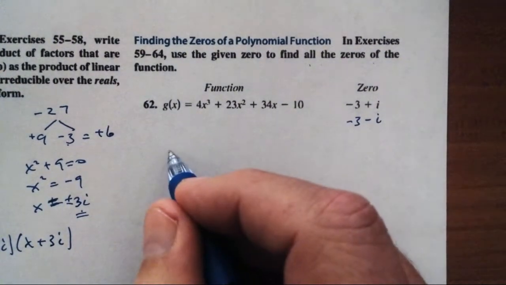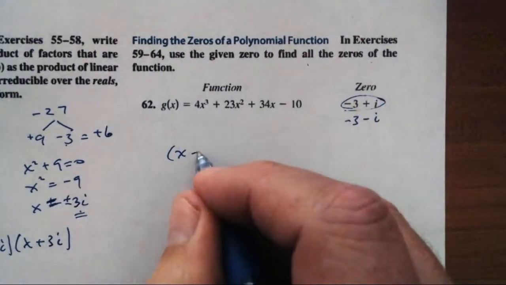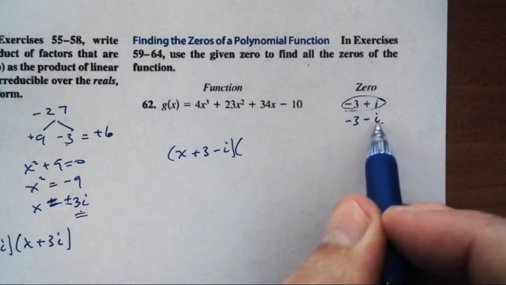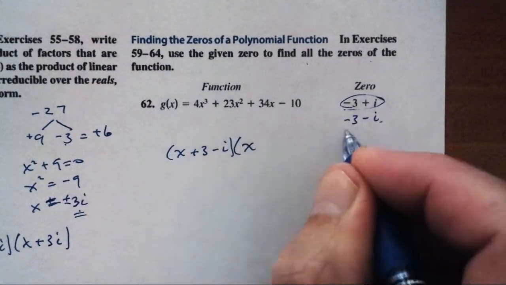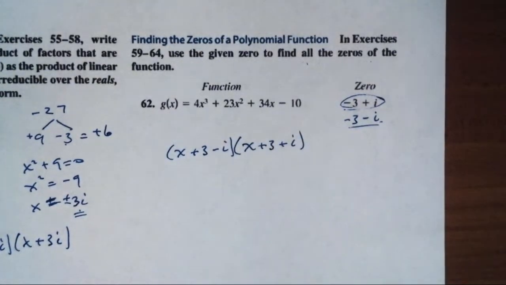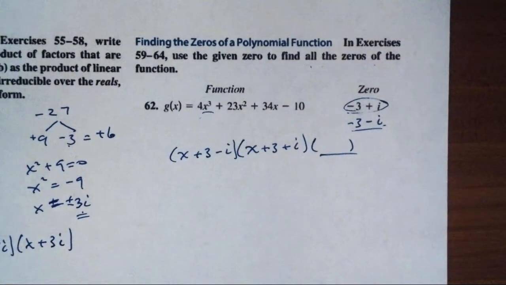Therefore, the factors I have: x minus this guy would be x plus 3 minus i, and x minus this guy would be x plus 3 plus i. And then I'm just missing one more after that because I need a third one.